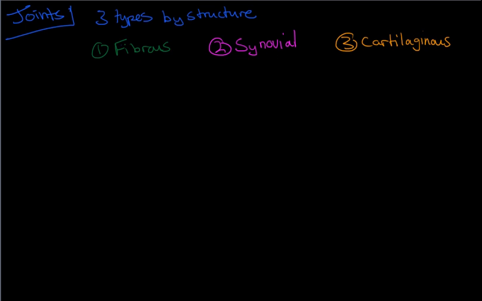There's also another way of defining joints, and that's by movement. So three types, three descriptions by movement allowed.